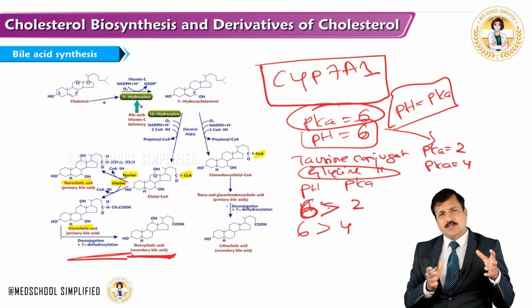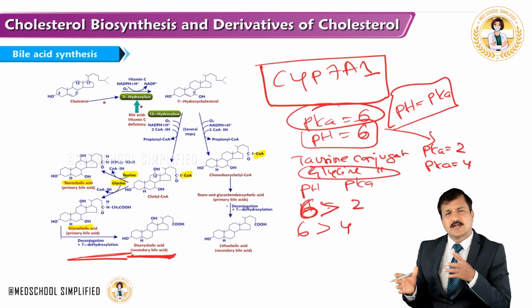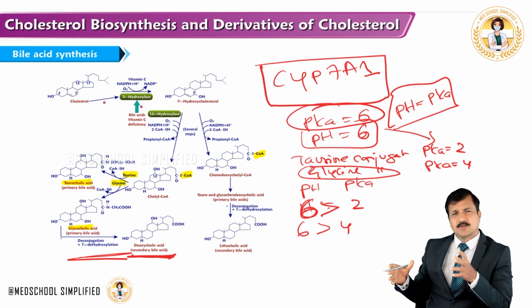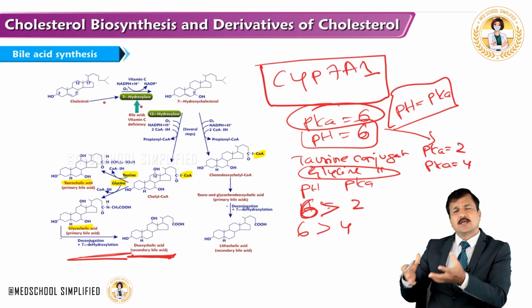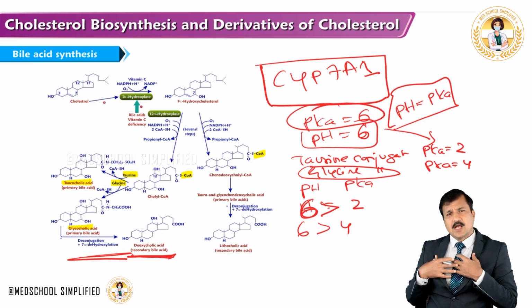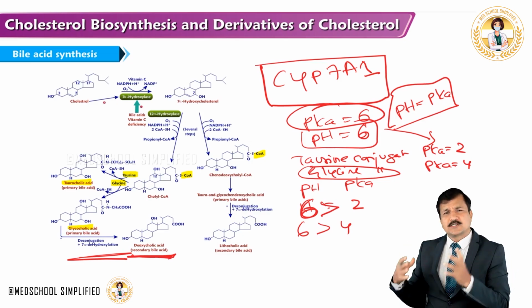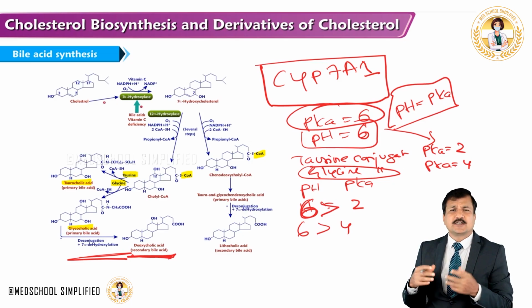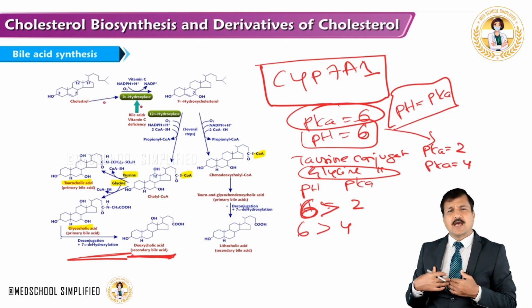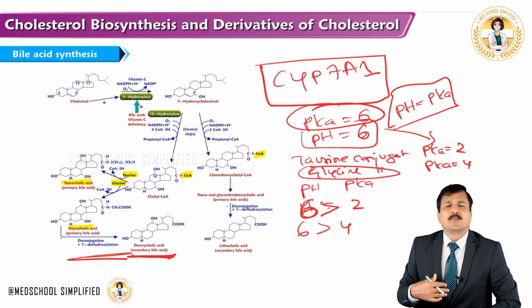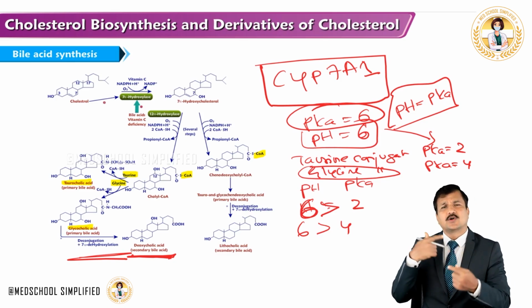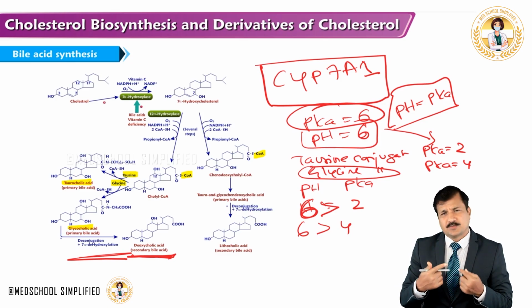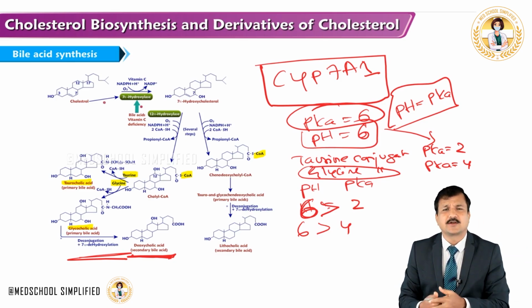Otherwise, the majority of these primary bile acids and the secondary bile acids go from the duodenum into the terminal ileum, and in the terminal ileum, they are reabsorbed back. More than 95% of the bile acids reaching the terminal ileum are reabsorbed back into the portal system, and they will be carried to the liver, and in the liver they will undergo a reconjugation process and get back into the duodenum again.